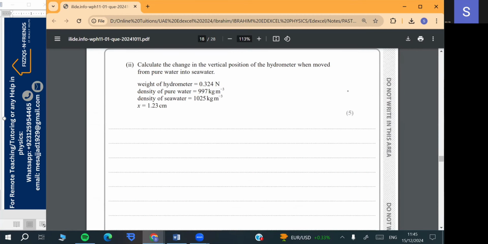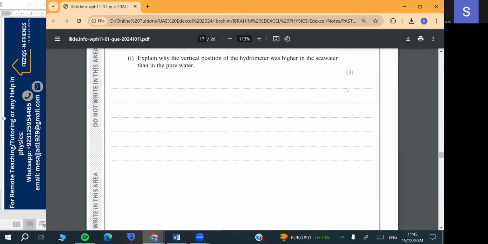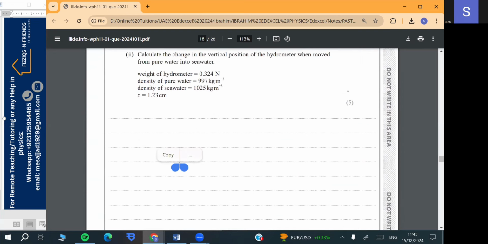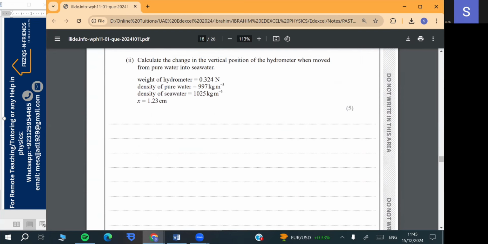So for pure water, upthrust is equal to weight, and upthrust is rho V g, which equals the weight.